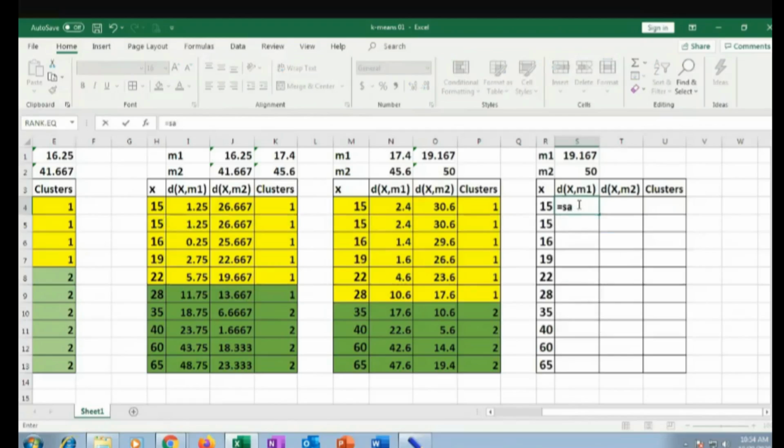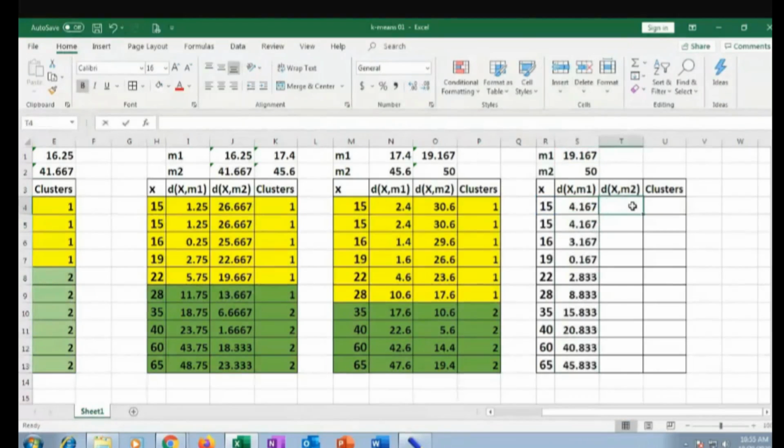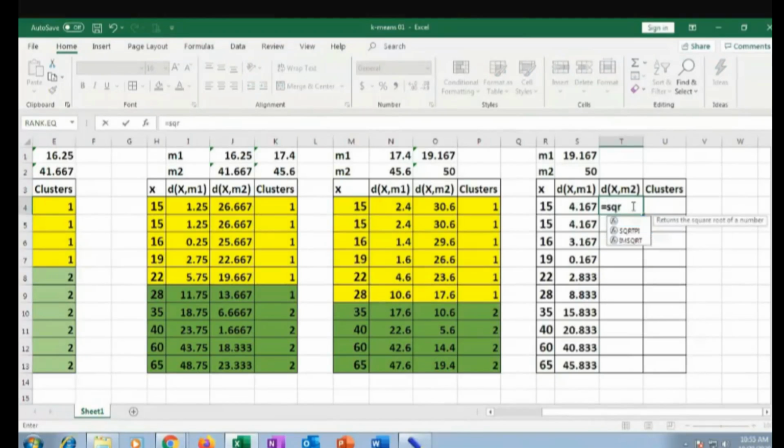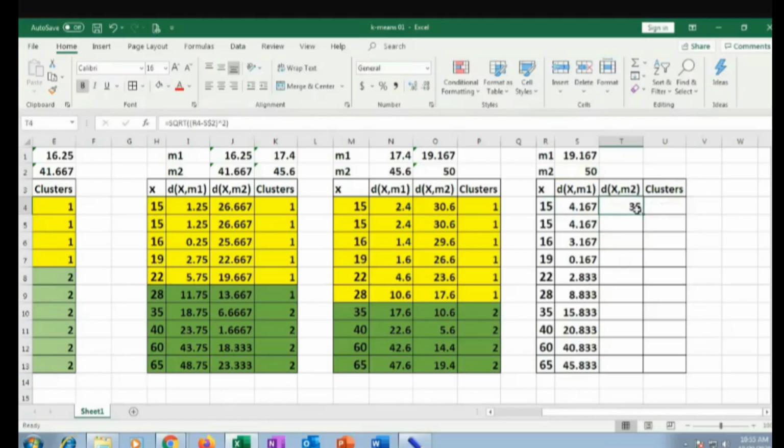It is equal to the square root of x minus m1, raised to 2. Then put a dollar. This is the distance with the second cluster, so it is the square root of this minus 50, raised to 2, with a dollar over here, and then drag it.